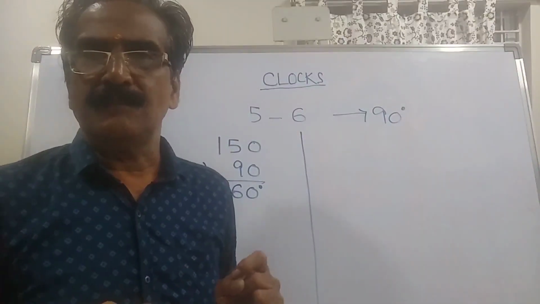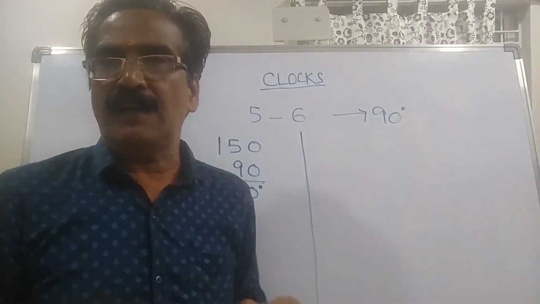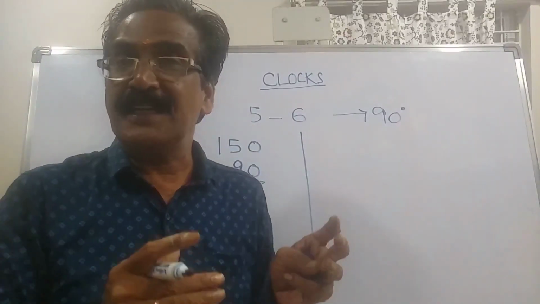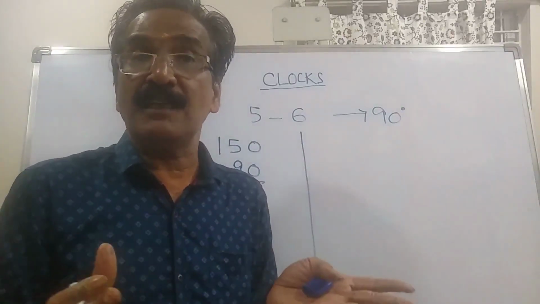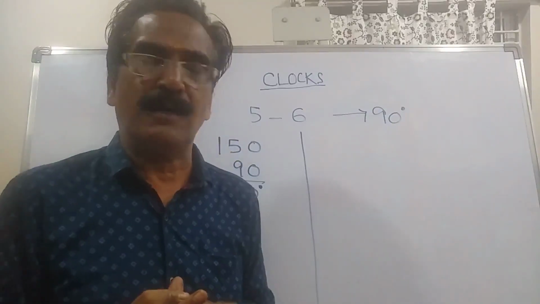We know one fundamental. What is that fundamental? For every 1 minute, 5.5 degrees angle will be reduced between the hands. If we speak in reverse, for every reduction of 5.5 degrees between the hands, 1 minute time must pass.